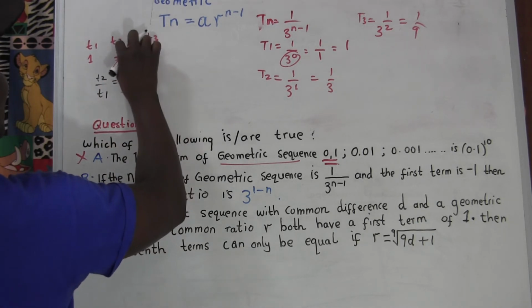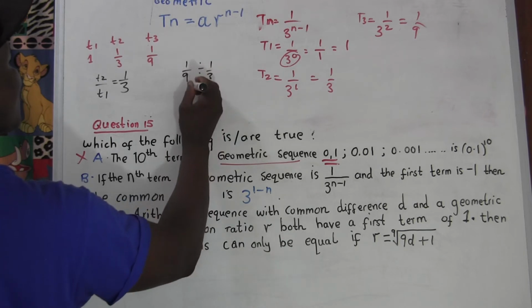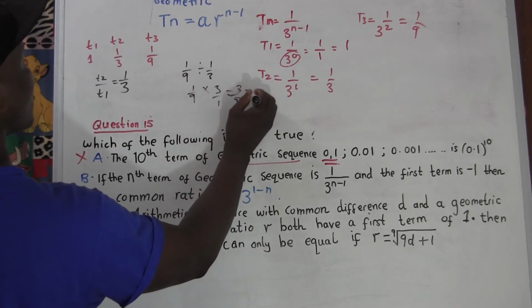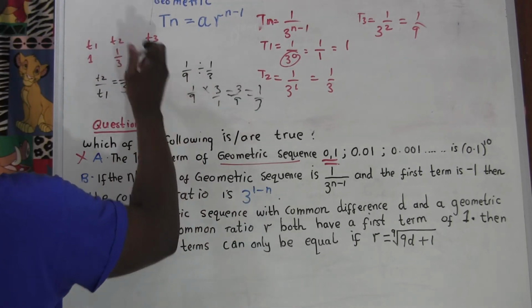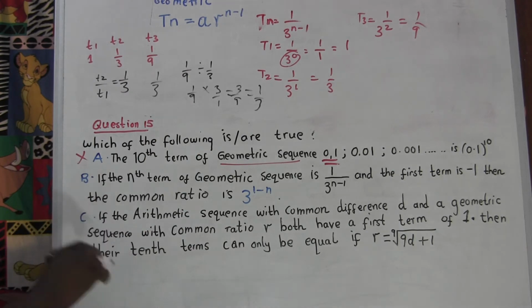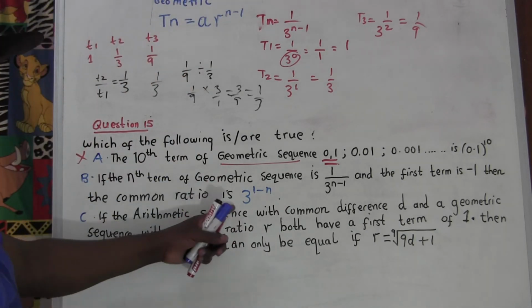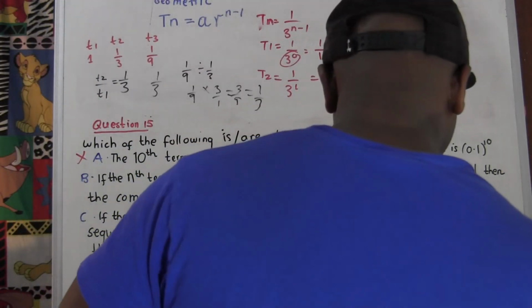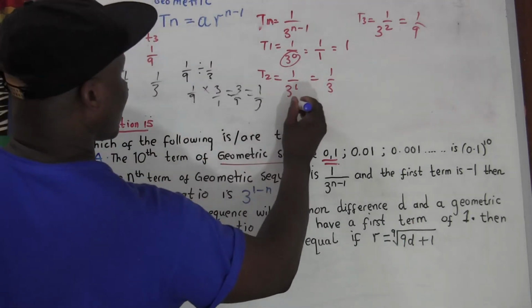Now let me take 1 over 9 divided by 1 over 3. I'm going to flip: 1 over 9 times 3 over 1, which is 3 over 9, which is 1 over 3. So the common ratio equals 1 over 3, and it's not equal to 3 to the power 1 minus n. This option is not true. This option is false.